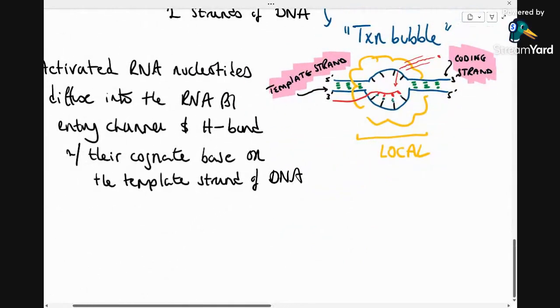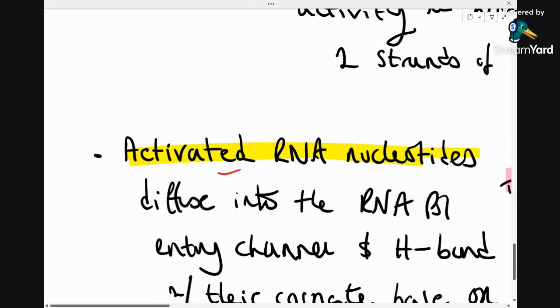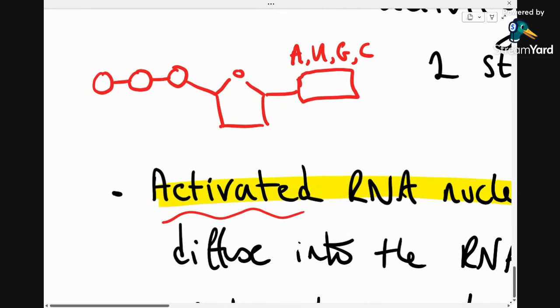So the activated RNA nucleotides, by the way, I think it's important just to recap this bit. They are activated. You have to call them this, because what we mean by activated is that you have your 3 phosphate groups attached to your ribose sugar, which is then connected to one of the bases, right? Either A, U, G, or C. Uracil swaps for thymine, of course, in RNA. And it is not deoxyribonucleic acid, it is just ribonucleic acid.